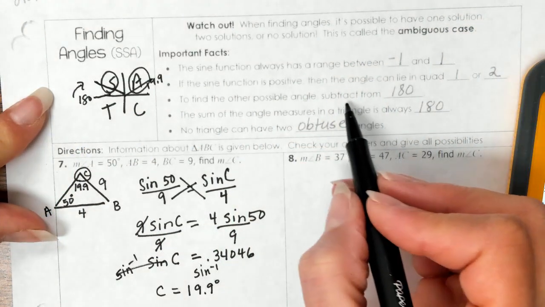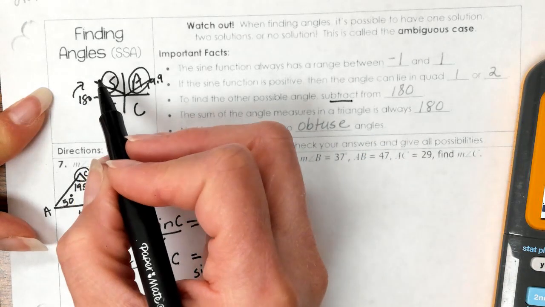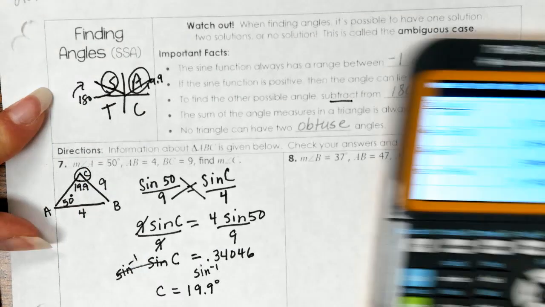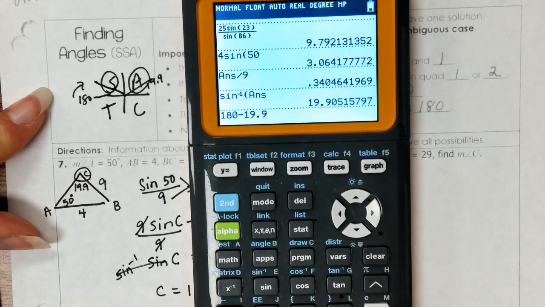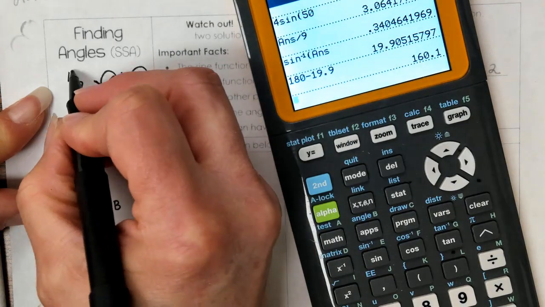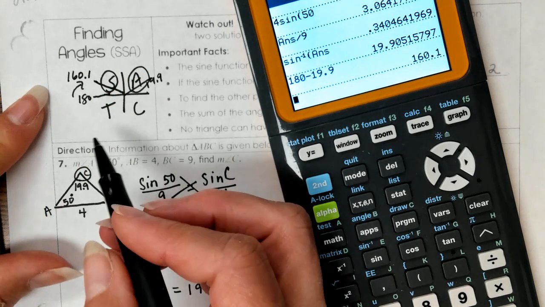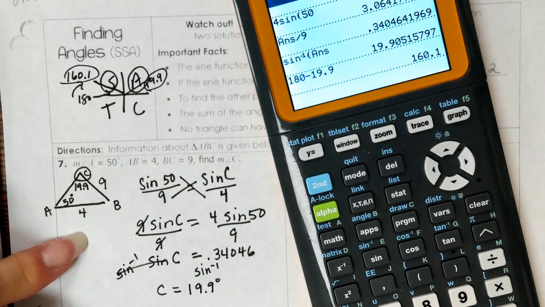That's why they said to subtract from 180. So you're actually going to do 180 minus 19.9, and we get that it would have been at 160.1. So 160.1 is the other possible answer for this problem.